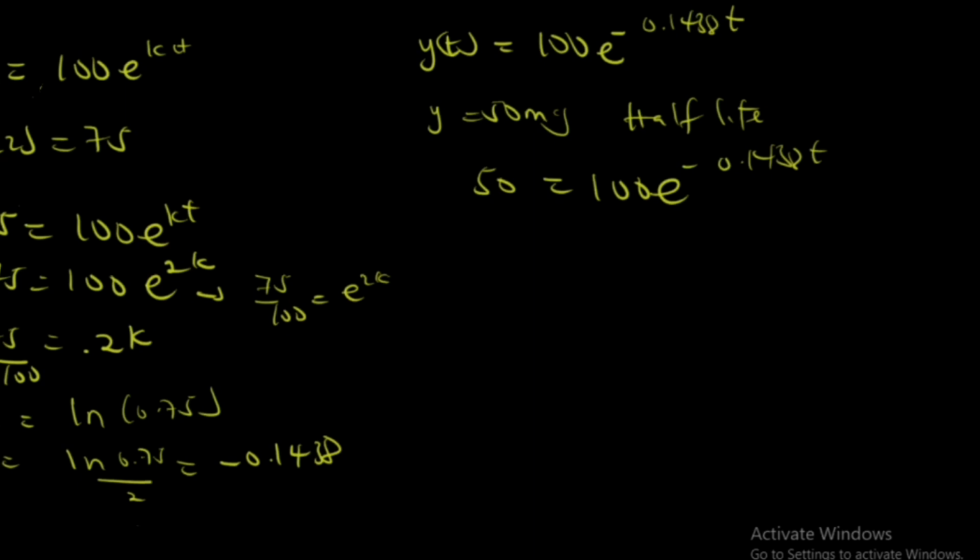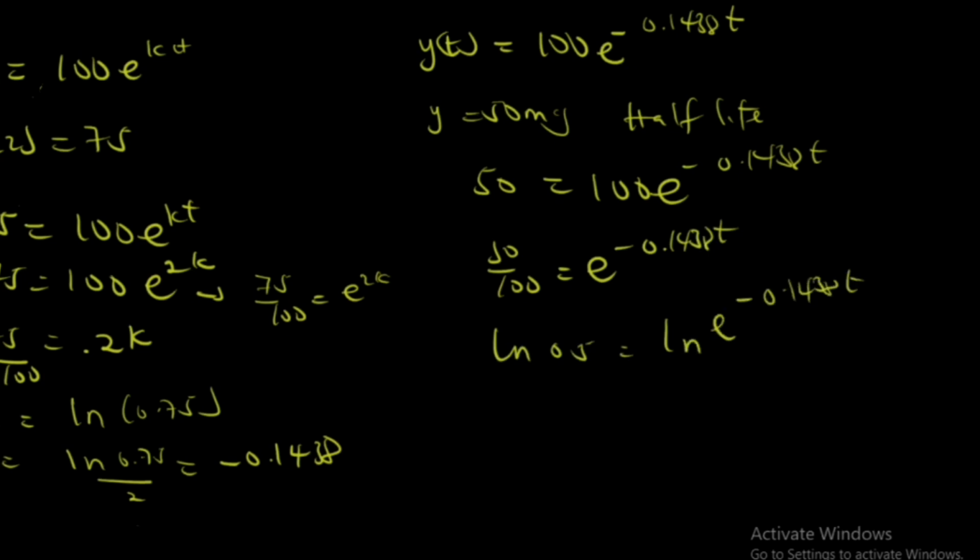The same way, it is very simple. You divide through by 100, so 50 over 100 is equal to e^(-0.1438t), and this will be 0.5. So you take the ln: ln 0.5 is equal to ln e^(-0.1438t). This will cancel this.